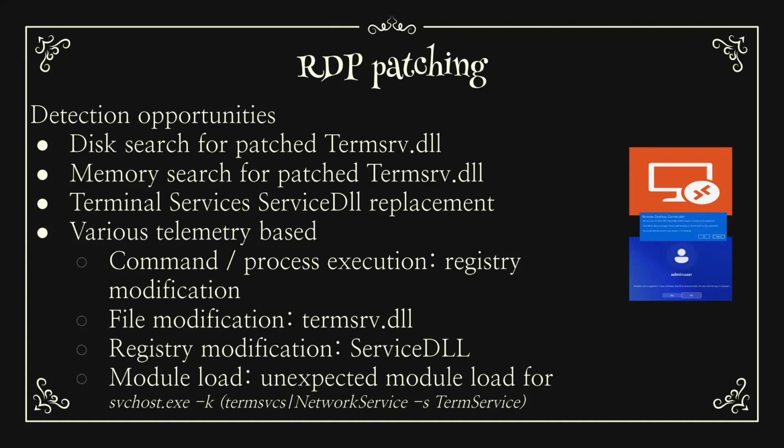We can also look at various telemetry-based detections, and that's straight from the MITRE page. In this lab, I'm not going to be covering telemetry because I think Velociraptor's main value is the forensic capabilities.